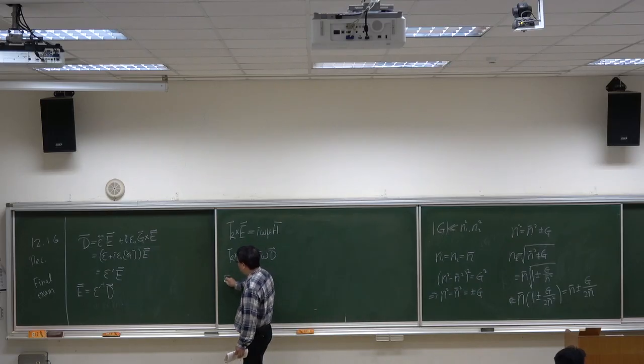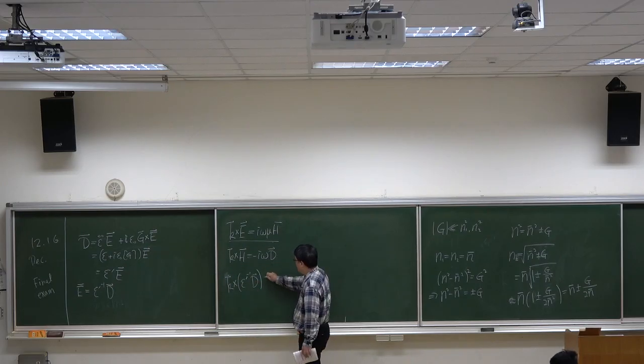So we need to rewrite E here as K cross epsilon prime inverse times D. Okay, equal to I omega mu H.